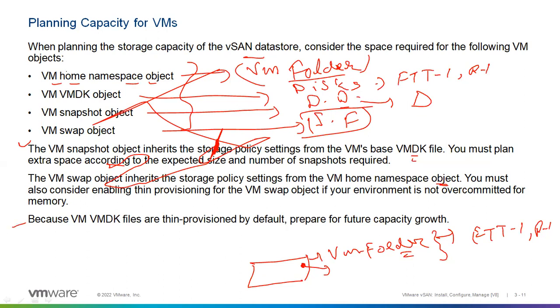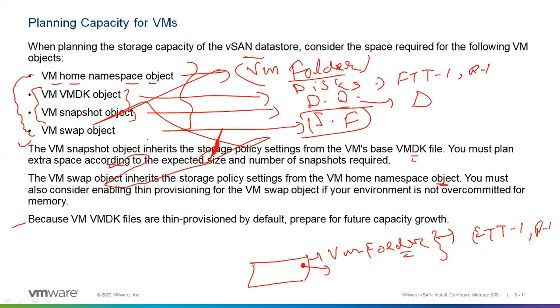Okay, so now you could ask me, sir, you are showcasing us 3-4 types of objects. Can we have a different set of policy for all these? Answer is absolutely yes. For the VM home folder, we can have a separate policy, and for these we can have a separate policy. That's technically possible, but people don't use it, especially those who don't know too much, so they keep a common storage policy.